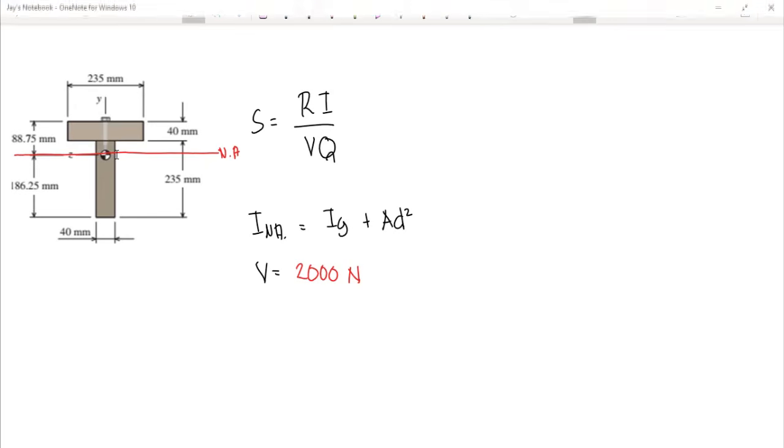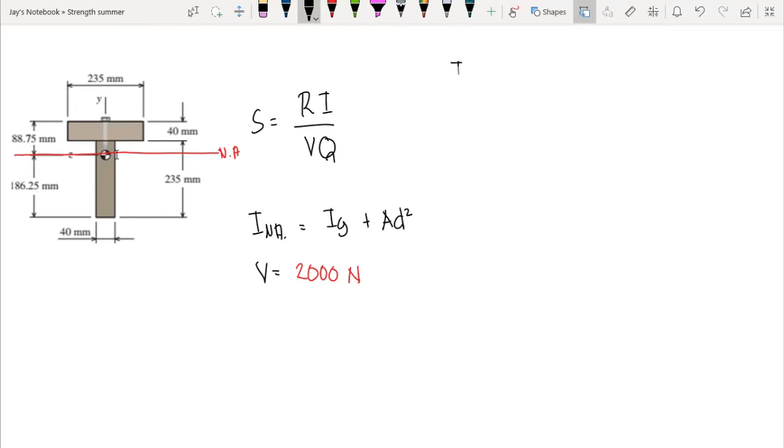We have the transfer moment of inertia, which is I_NA, the neutral axis moment of inertia, equal to I_G plus A d squared. Now, first, we need to compute for the I_G for this section here. So, we first compute for the transfer for our flange, this one.